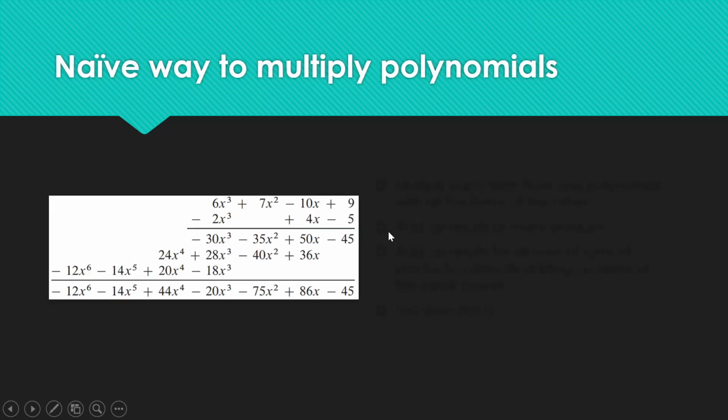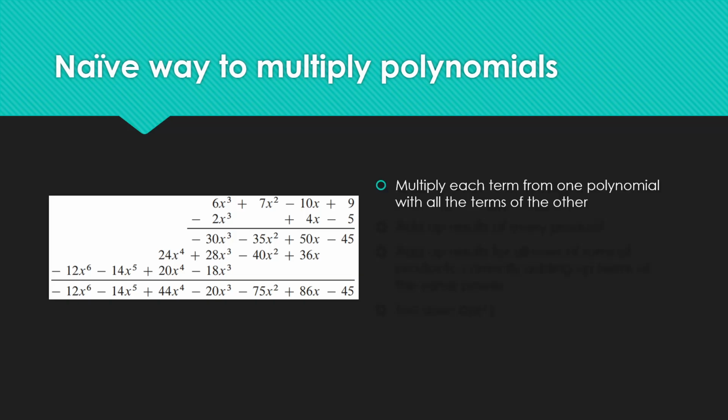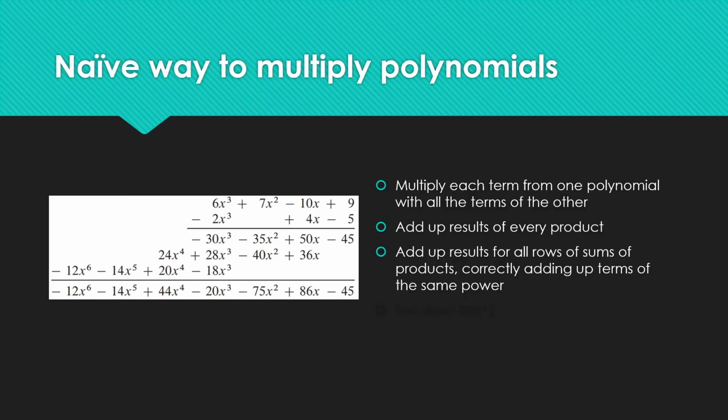terms. So the naive way to multiply polynomials, I think you can already imagine how to do it. Multiply each term from one polynomial with all the terms of the other, add up results of every product, and then finally add up results for all the rows of the sums of products, correctly adding up terms of the same power.